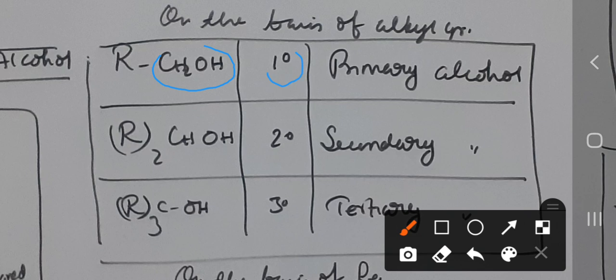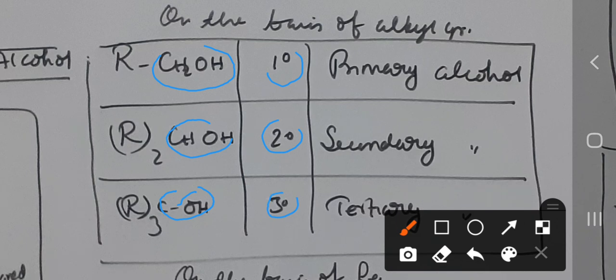If the OH part is attached to a CH part, definitely it will be 2 degree, that is secondary alcohol. In case the OH group is attached to a carbon with no hydrogen, then it is said to be tertiary or 3 degree alcohol.